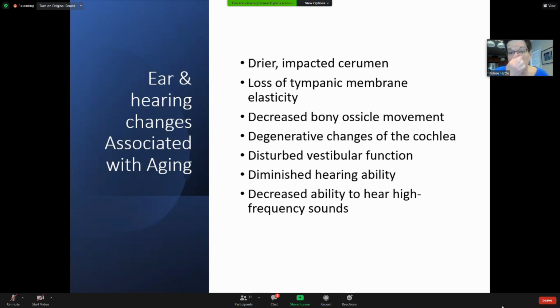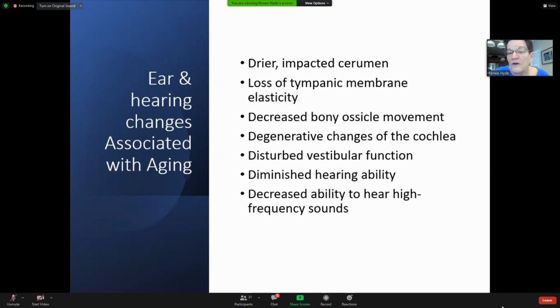As we age, we also lose tympanic membrane elasticity. Remember, it's that tympanic membrane moving with those sound waves that allow us to hear. Those bony ossicles, that hammer, that anvil, that stirrup, are less likely to move because they ossify.